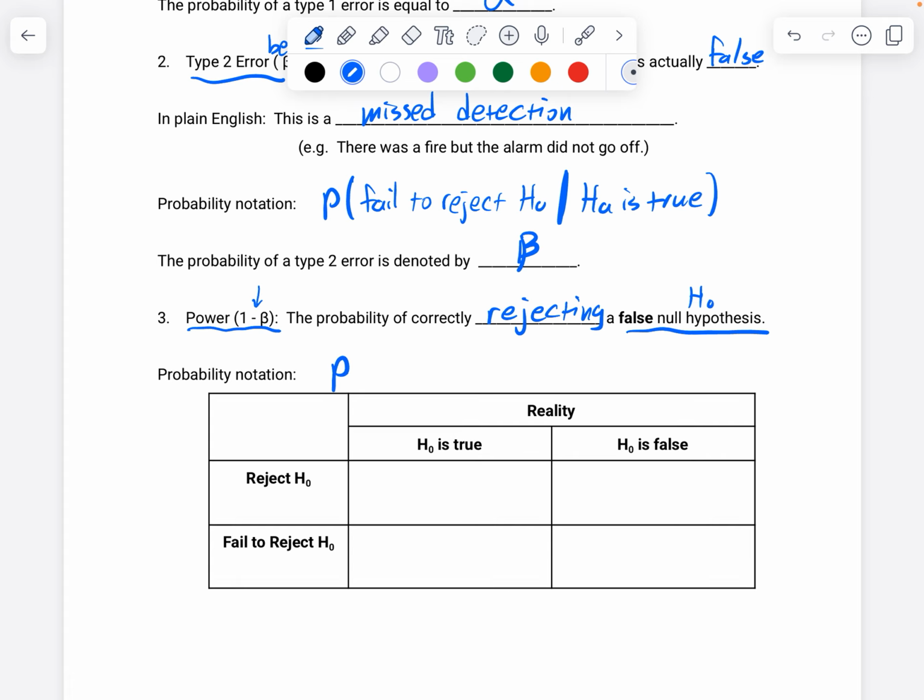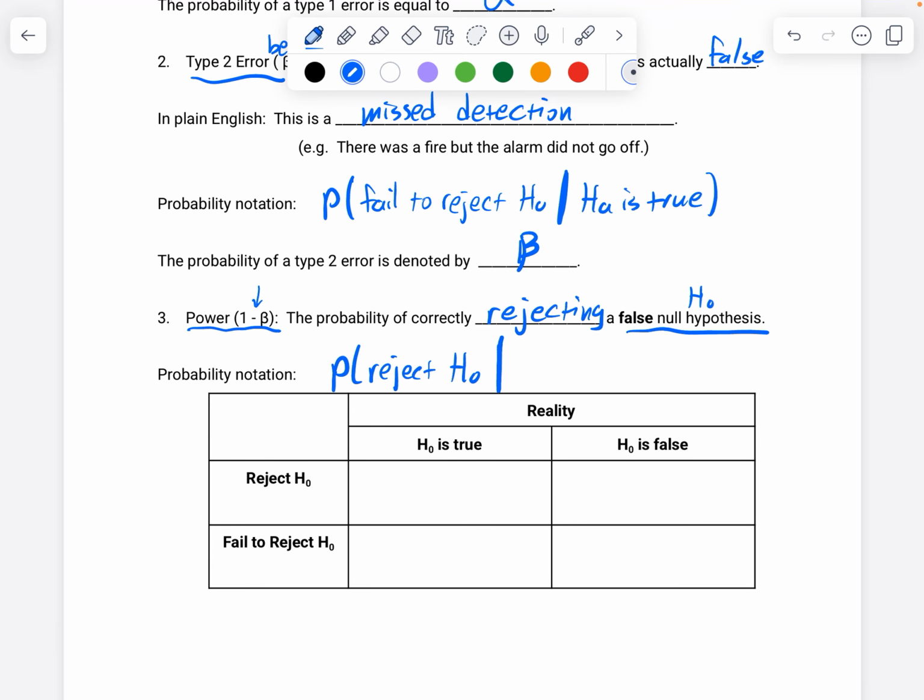Probability notation would be the probability of rejecting H0, you reject it and you should have, meaning given that HA is true. This little box here helps me keep track of these things. So the three boxes are type 1 error, type 2 error, and power.